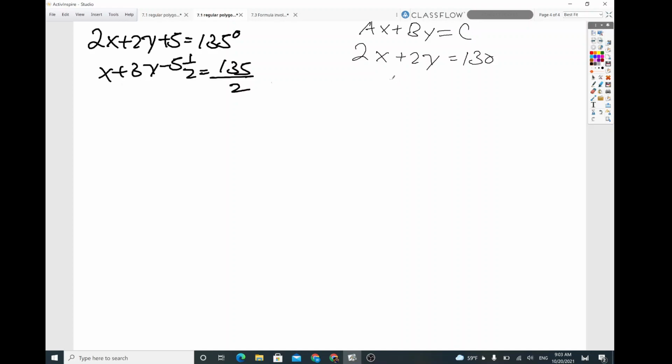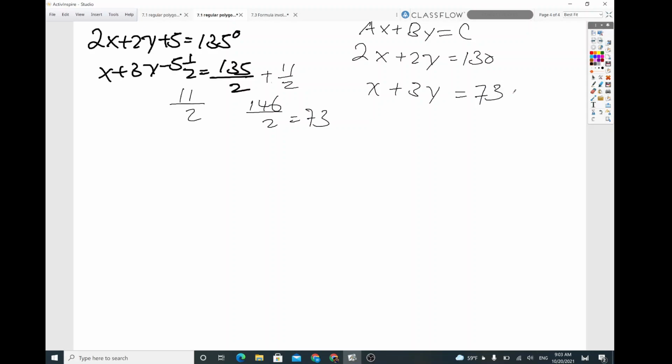And then the other one, we got x plus 3y equals 135 plus 5.5. The 5.5 is actually written as 11 over 2. So 135 plus 11 over 2, what we found here is 146 over 2, which is 73.